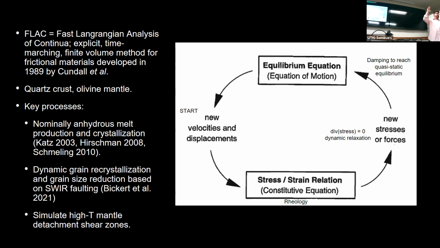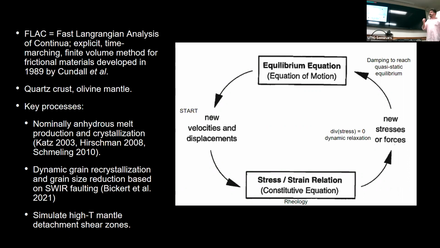It's not really good for anything like large scale mantle convection, like ASPECT would be. But the important thing is that we have a quartz crust, an olivine mantle, and that we've included nominally anhydrous melt production and also melt crystallization. So we can model magmatic accretion.